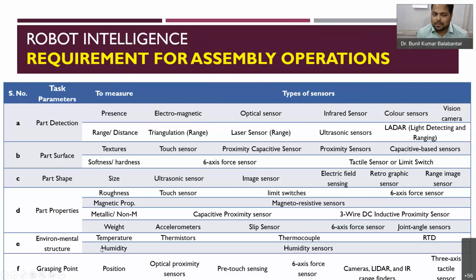See, A, B, C, D, E, F, what are these? These are the different parameters we need in industrial applications. In depth sensing, we need to calculate the shape, size, weight, and what sensors we can utilize to calculate them. These are the varieties of sensors utilized for calculating such values.